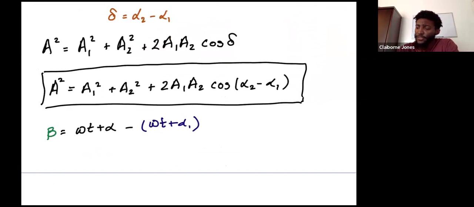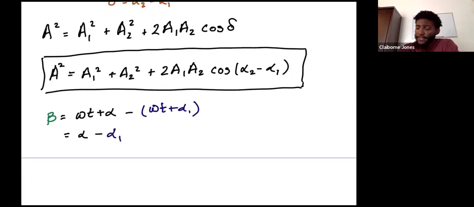Well, the minus sign distributes again, and we get beta is equal to alpha minus alpha 1. So if we want alpha, alpha is just going to be our beta plus alpha 1. So we need to determine what this angle beta is.